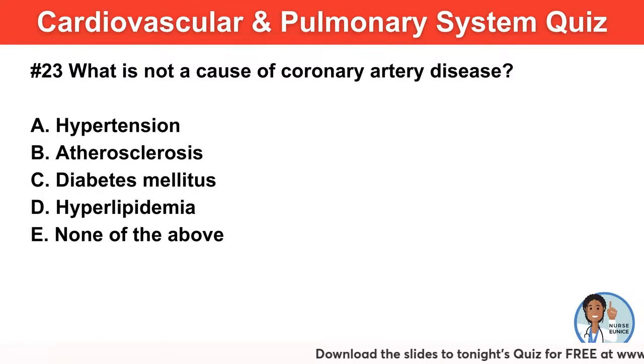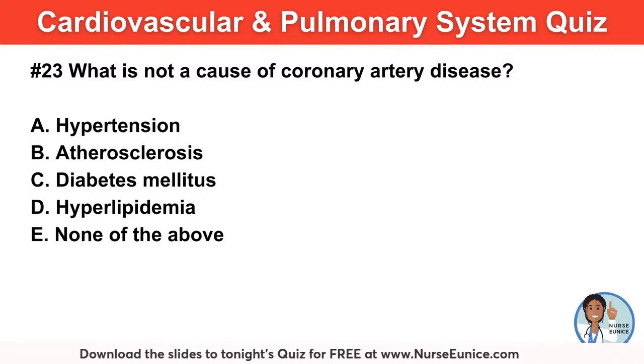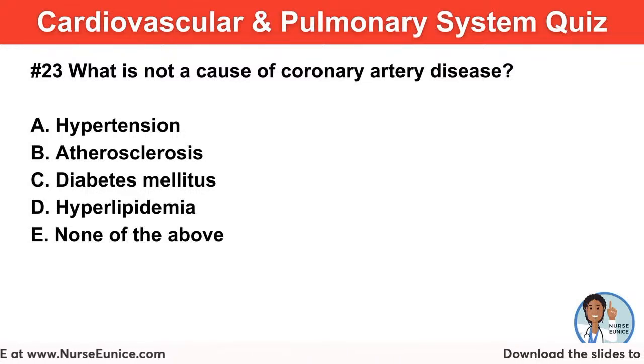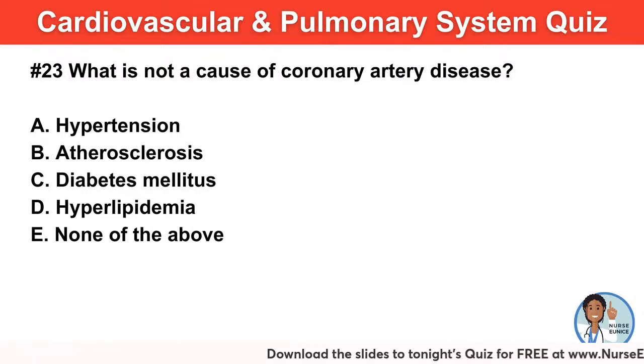Number 23, what is not a cause of coronary artery disease? Hypertension, atherosclerosis, diabetes mellitus, hyperlipidemia, or none of the above? Which is not a cause of coronary artery disease?